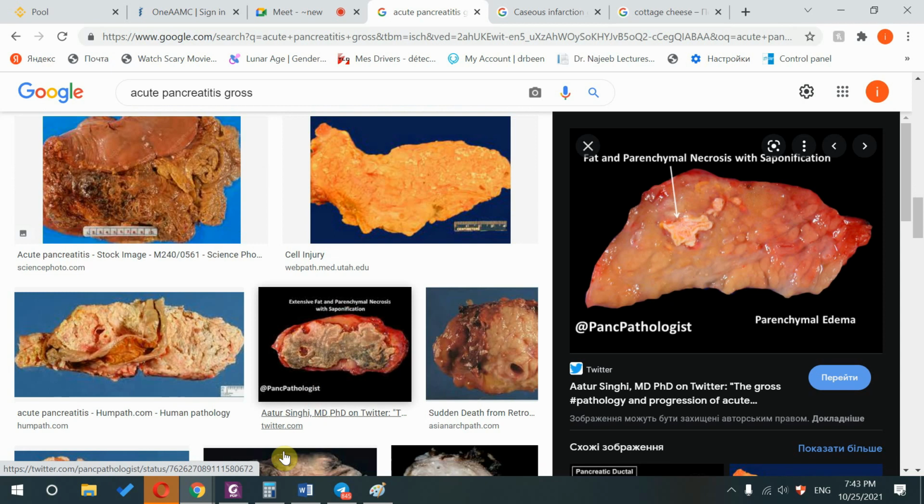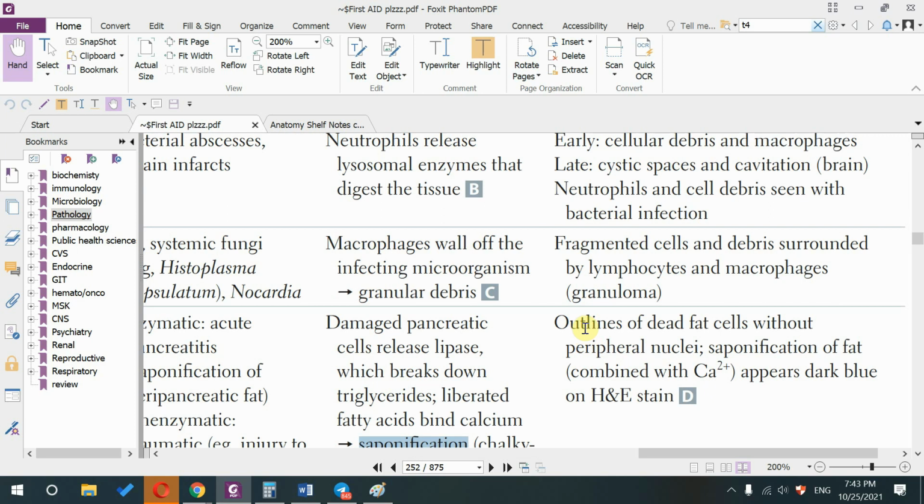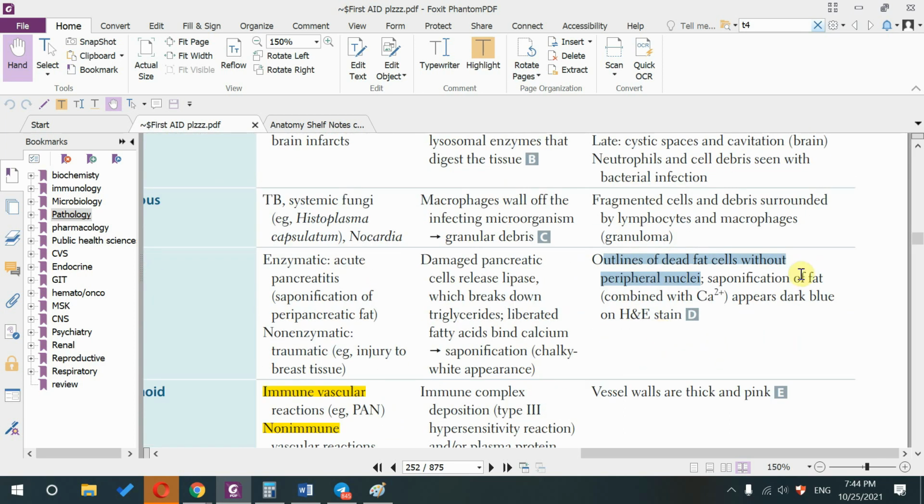Okay, back to First Aid. The other thing here, they write the outline of the dead fat cells without peripheral nuclei and the saponification. So yeah, there will be an outline of the dead cells, obviously, so they will stay in their places, but there will be a saponification process of the fat combined with calcium. Guys, you must know this.